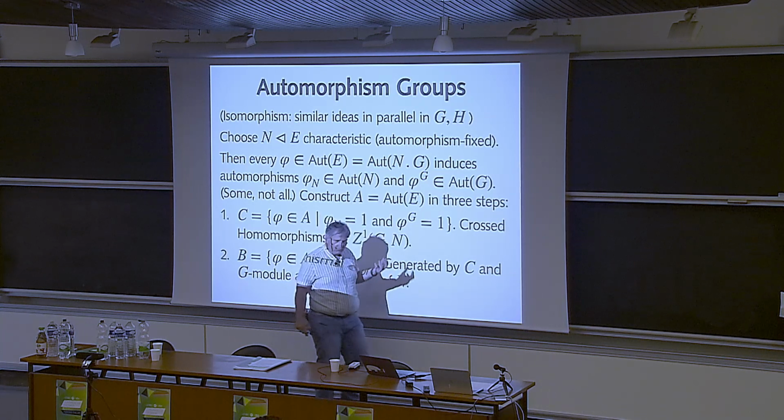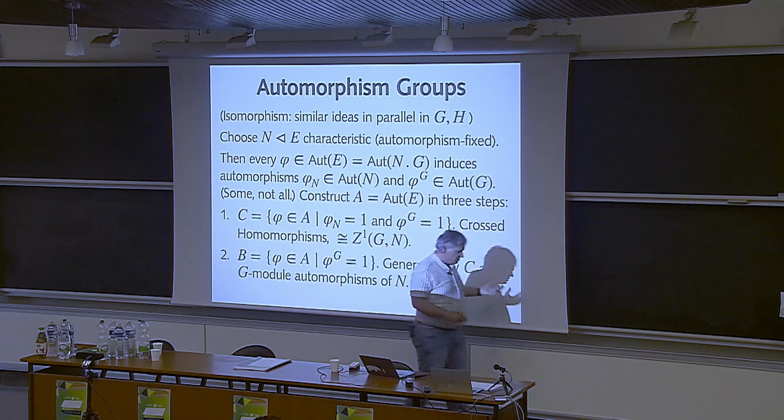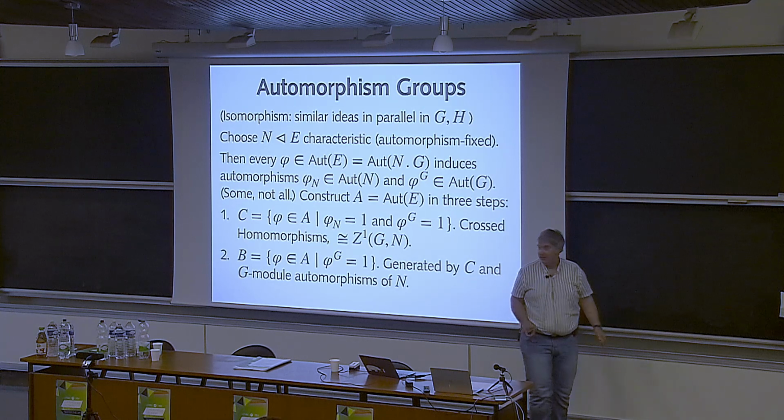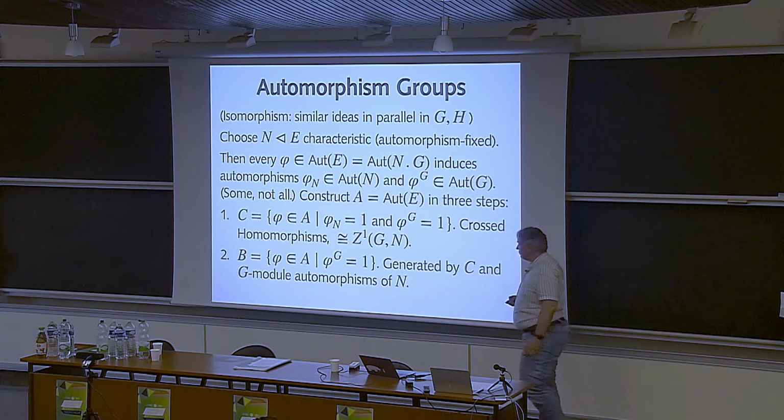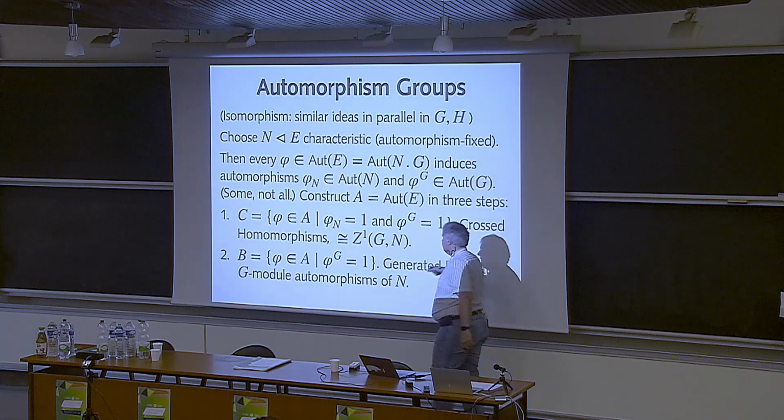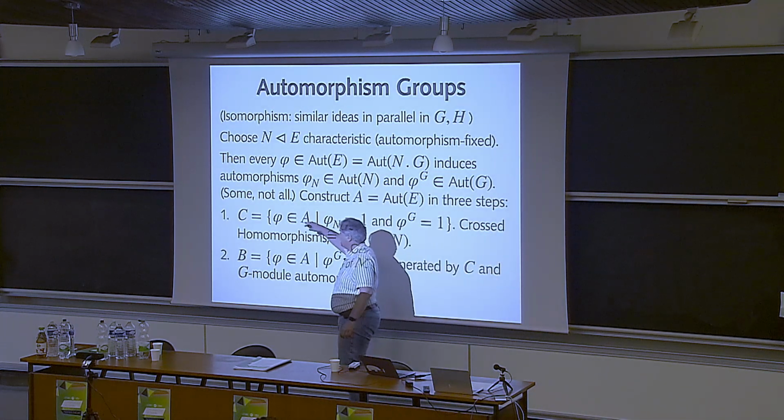If you write what this means, you get the conditions for a crossed homomorphism, which is exactly the conditions for Z1, the one cocycles. So if you calculate the one cocycles, from that you can immediately write down what these automorphisms are.